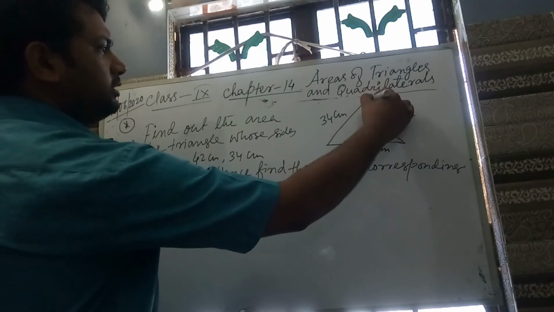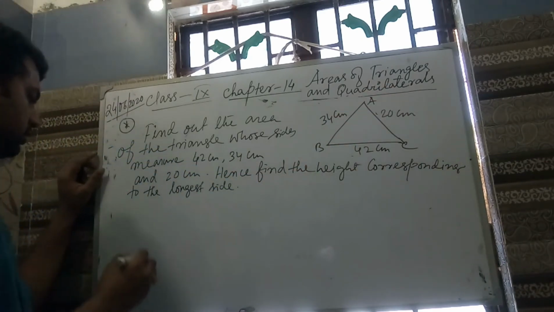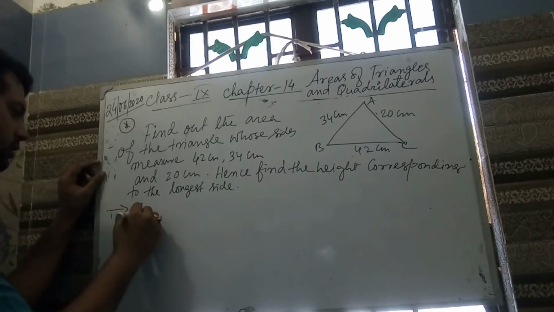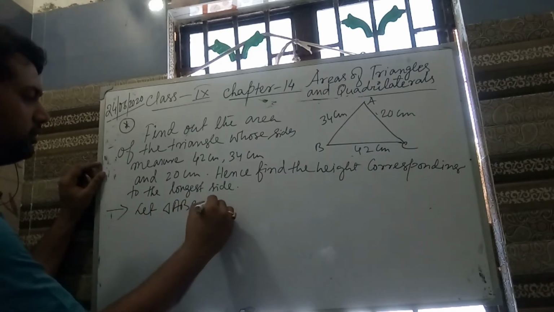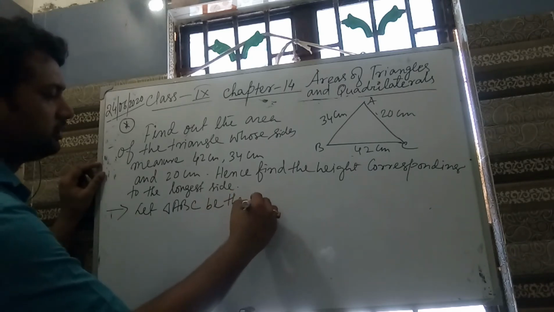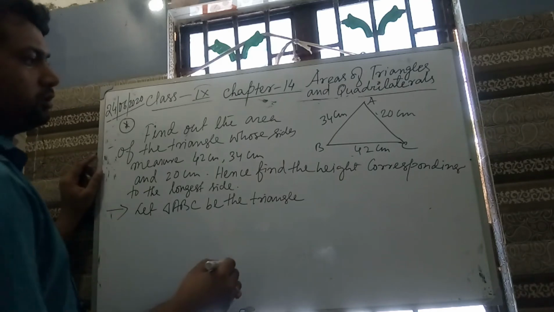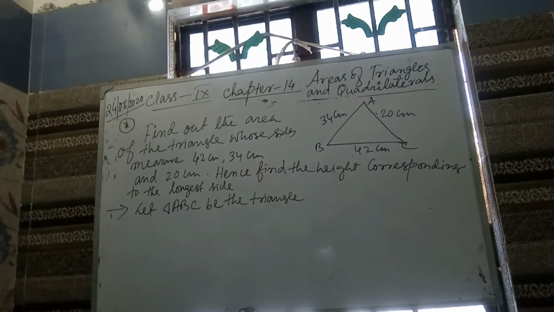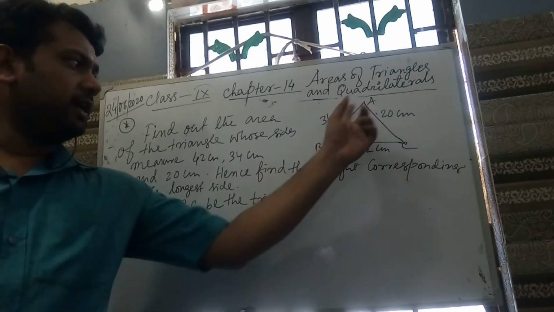Before that, name the triangle ABC. Let ABC be the triangle. You observe that 42 is the longest side of the triangle ABC.